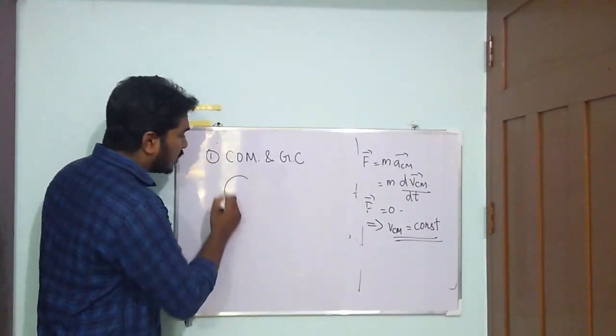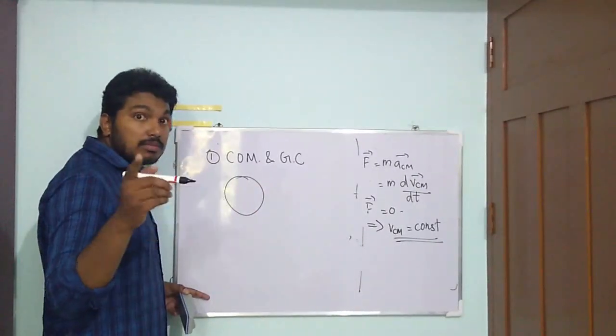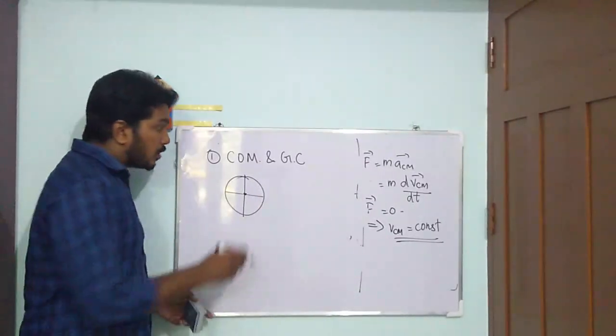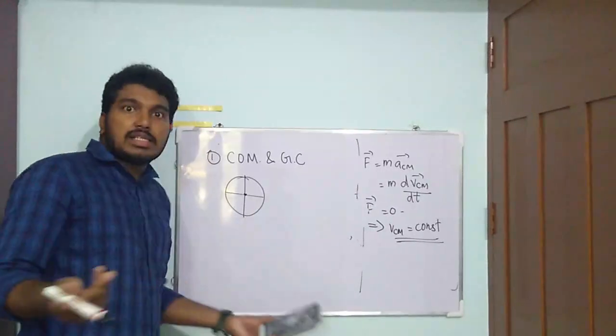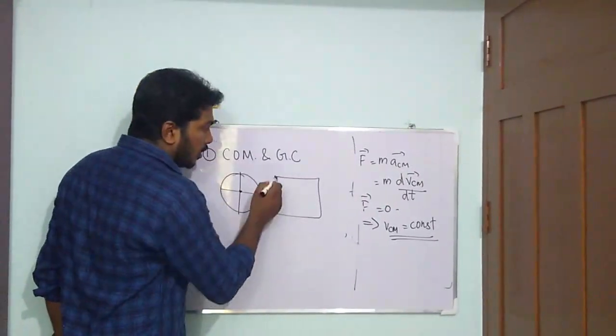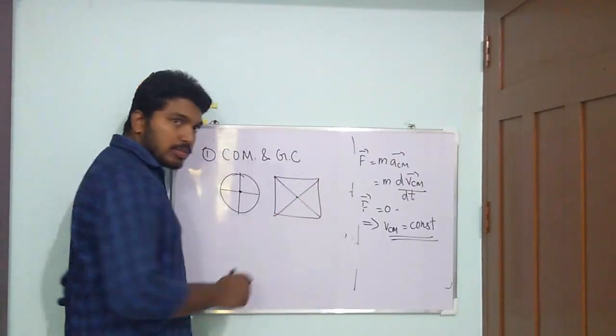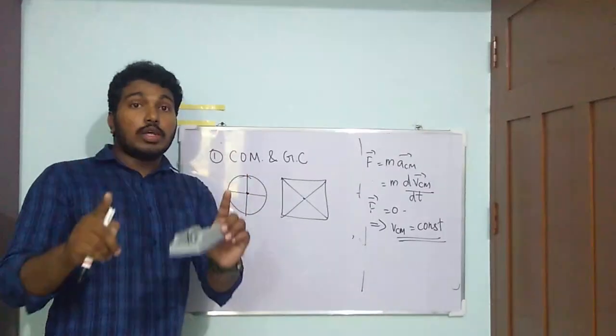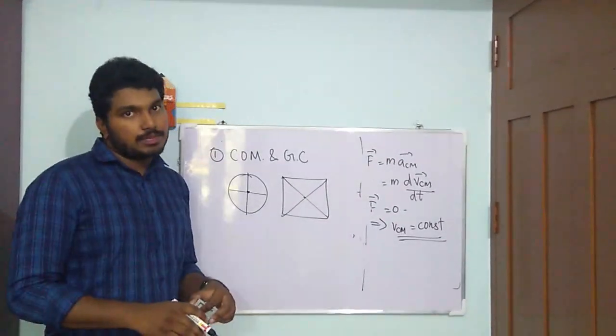Say for example, we have a circle. What is the geometric center? Yeah, the point where the diameters meet, right? So this will be exactly the center of mass also. What is the center of mass for a square? The point where the diagonals meet. That will be the center of mass also, if it is a uniform mass distribution.